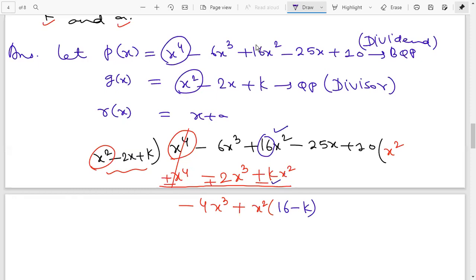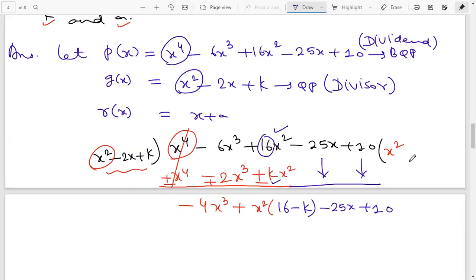So we take x square common, and 16 minus k will be the remaining value. The other values, minus 25x and plus 10, will come as they are, with no change.